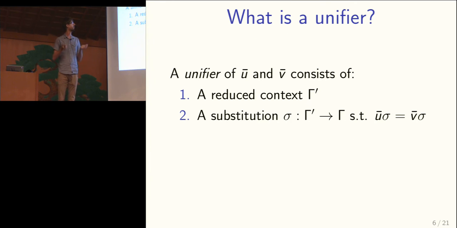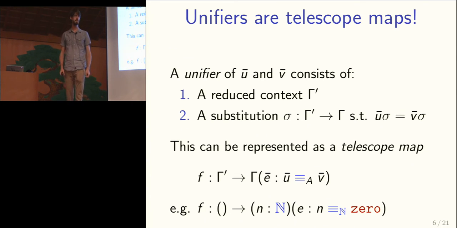Next up, what is a unifier? A unifier classically means that we have a reduced context gamma prime plus a substitution that makes these equations become true. Again, how do we represent this in type theory? We can represent it as a telescope map.